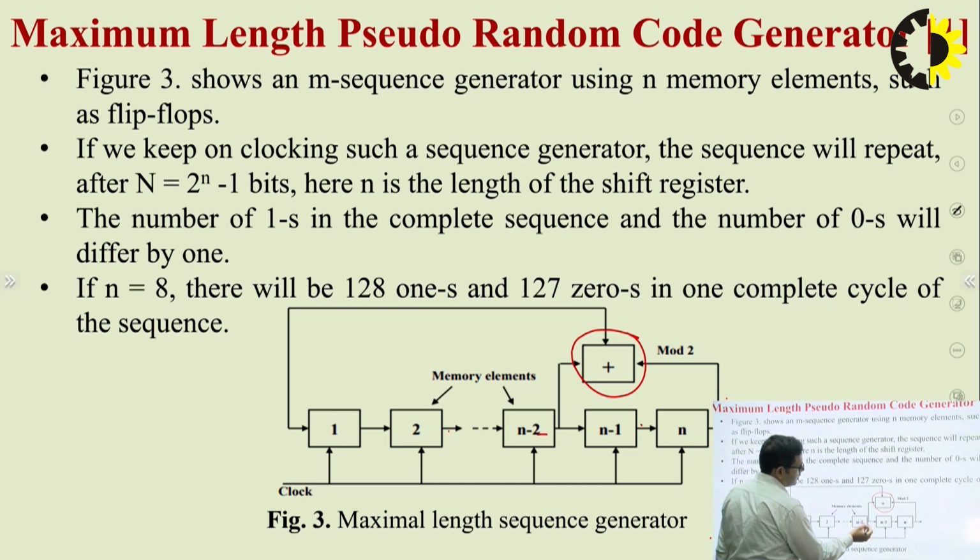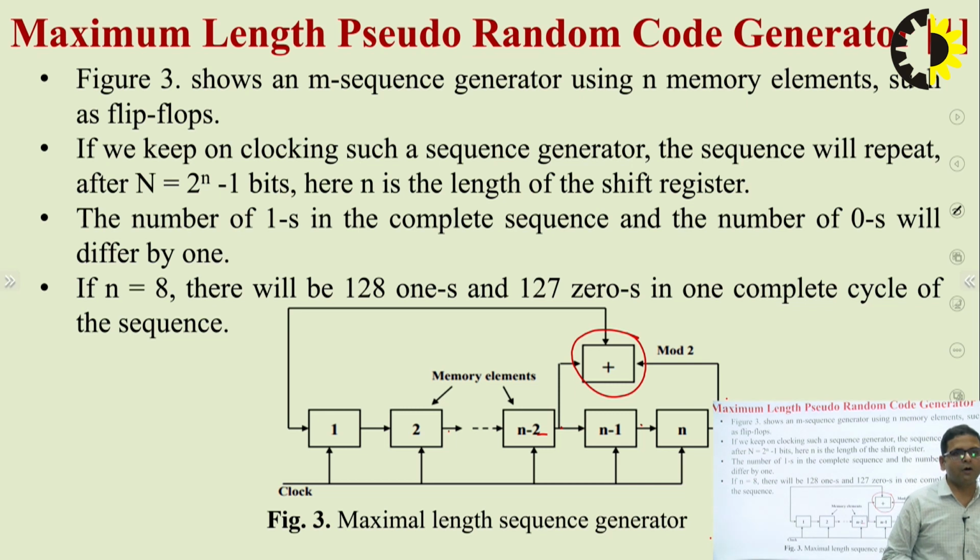Like in this figure, the logic circuit takes the output from the n minus 2 flip flop and the output flip flop, and computes the logical expression, and the output of this logical expression is again fed back into the first flip flop. In such a way, at each clock pulse we get an output, and this sequence of output is known as PN sequence, or pseudo random code.